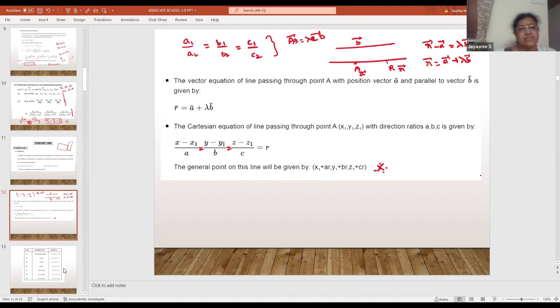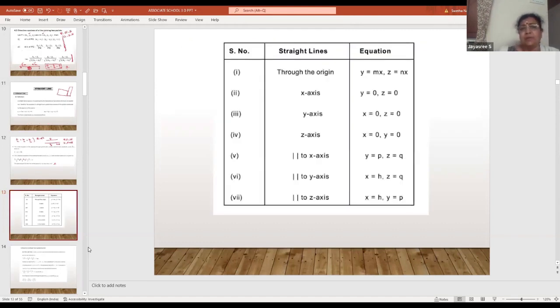The next thing is that giving the children all these things will help them go for 4-mark questions or any other higher level question. This concept will help them. So, basic understanding: a line through the origin, when I write it in terms of x, is y equals mx and z equals nx. If I write in terms of y, x equals my and z equals ny.